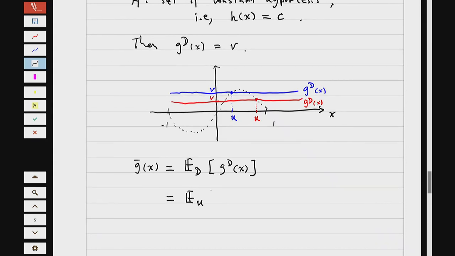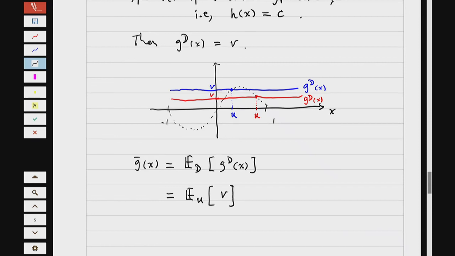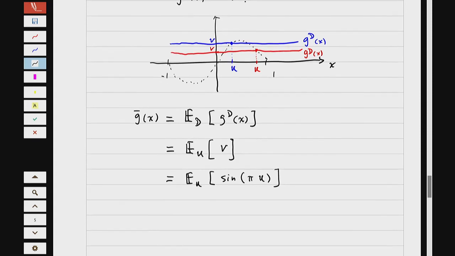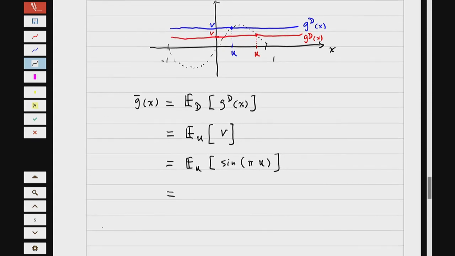There's only one data point there. g_D, I know, is V equal to V, right? Always. That's our choice. So therefore, this V is, I know, sine of pi U. What is this equal to?